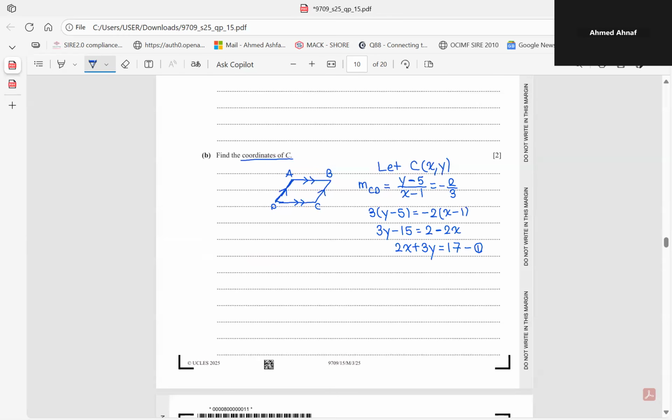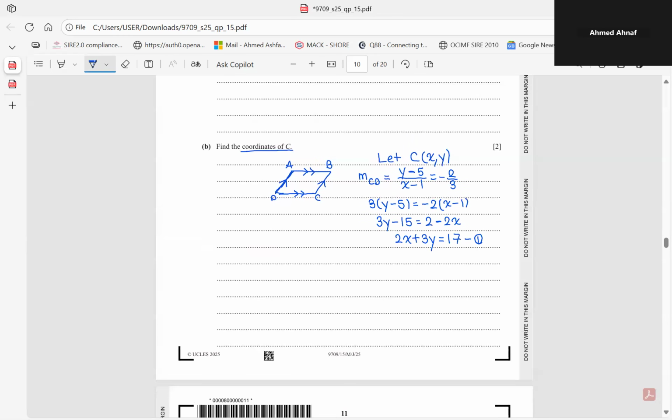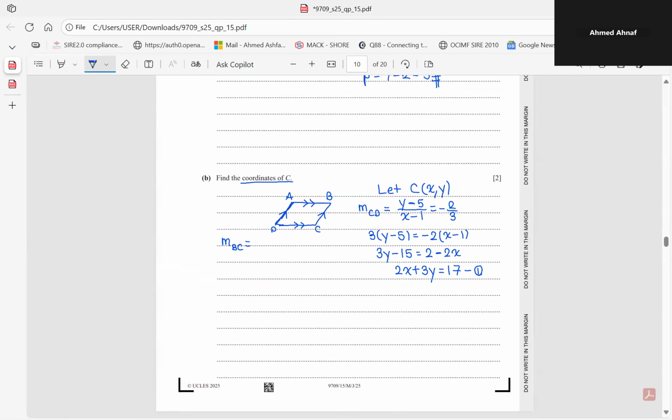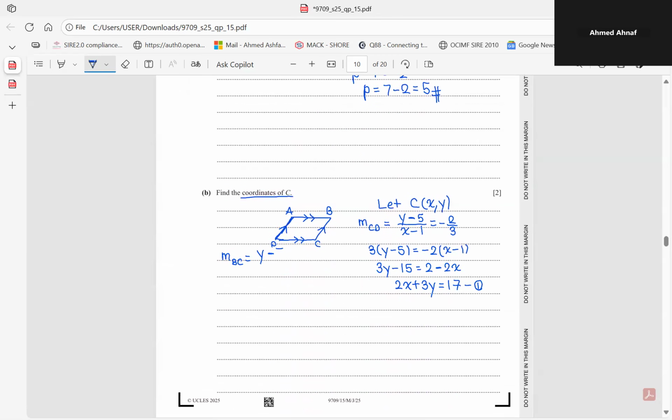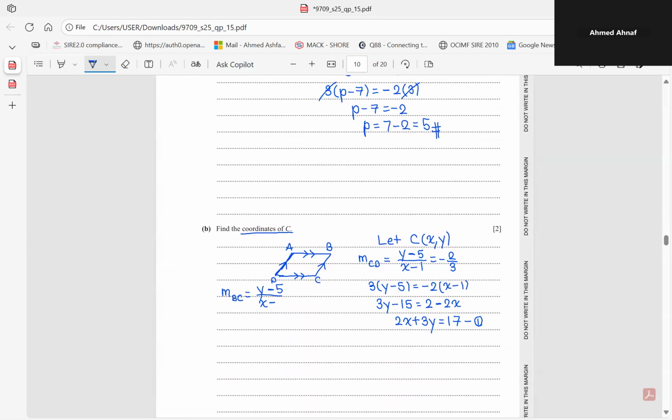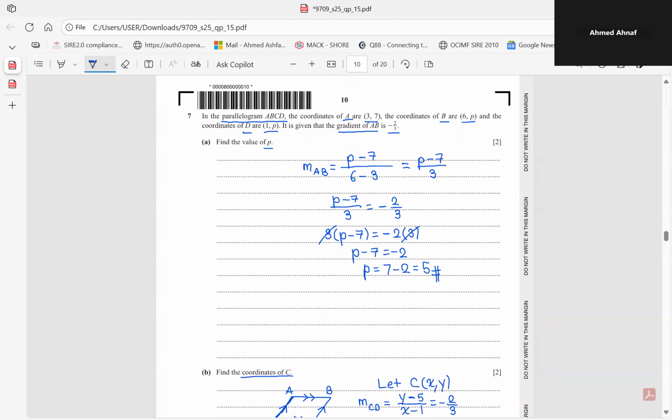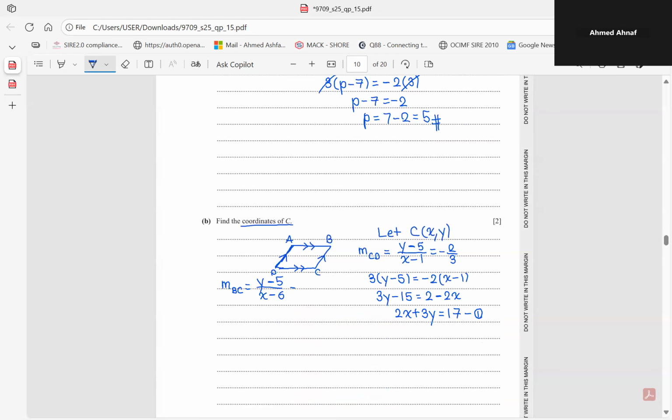Now let's find the second equation using the other set of parallel lines. Here we're going to find the gradient of BC. That is the y coordinate of C minus the y coordinate of B. The y coordinate of B is P, again, so y minus 5 over the x coordinate of C minus the x coordinate of B, which is 6. And this is equal to the gradient of AD.